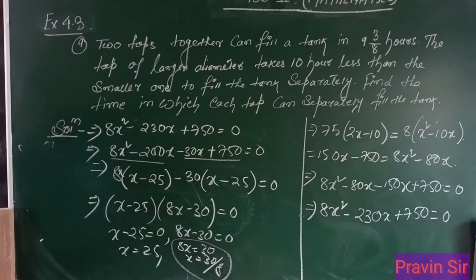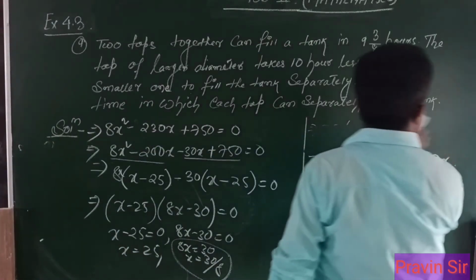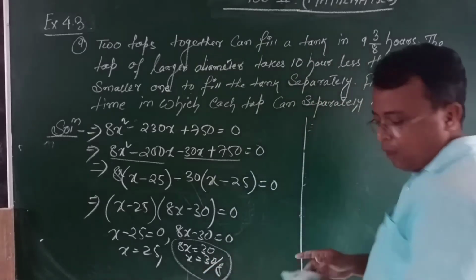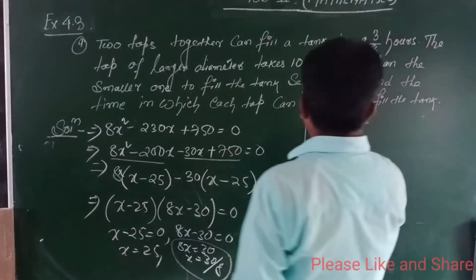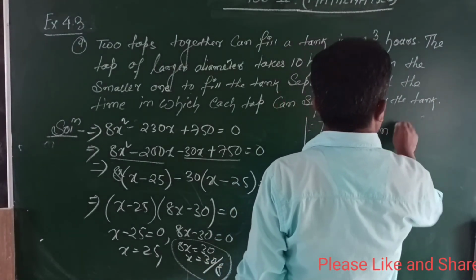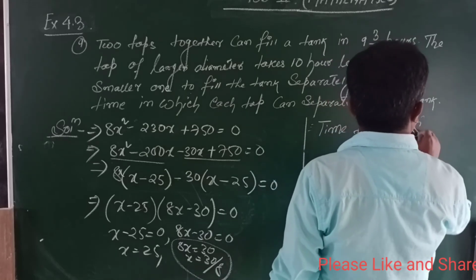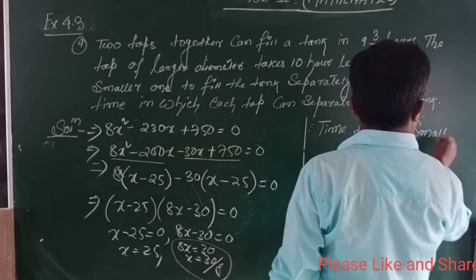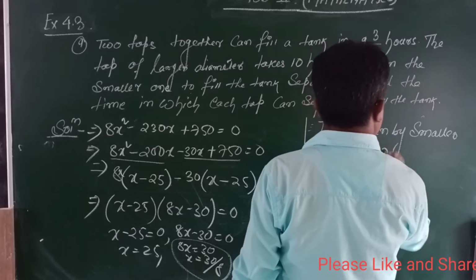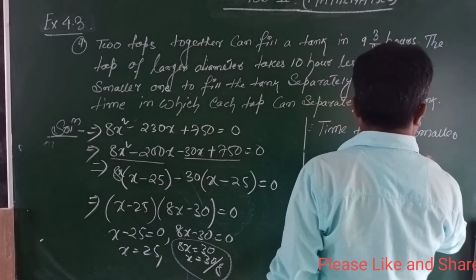So our main question is we have to find out the time taken by the smaller pipe and the time taken by the bigger pipe. Okay, so now the time taken by the smaller pipe, we have supposed x hours.